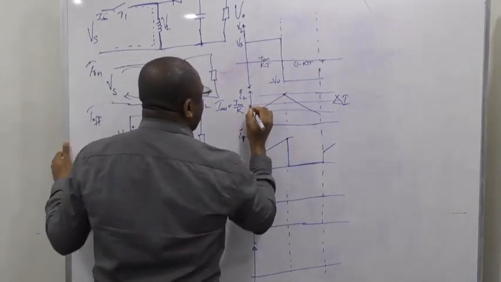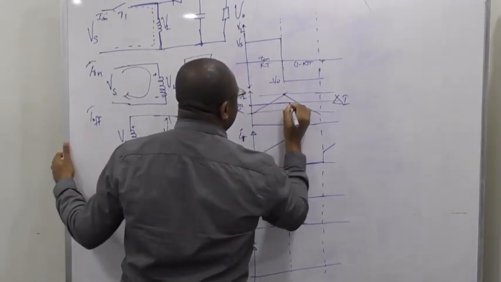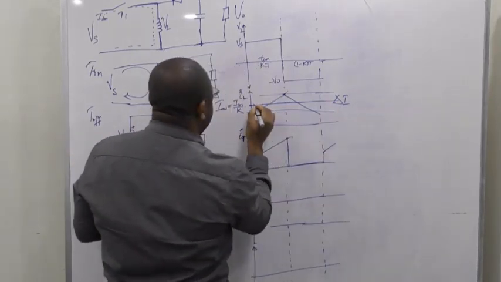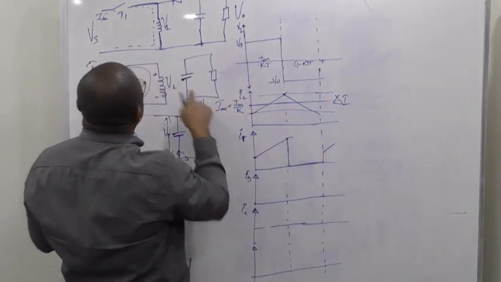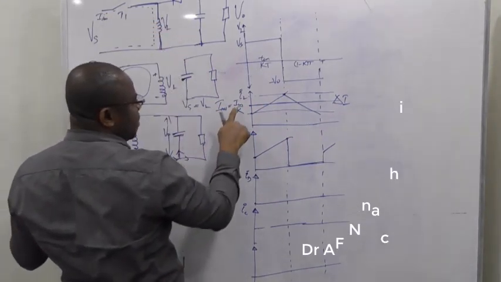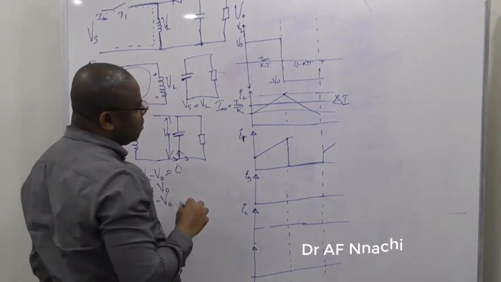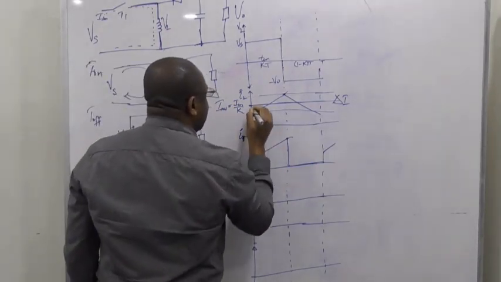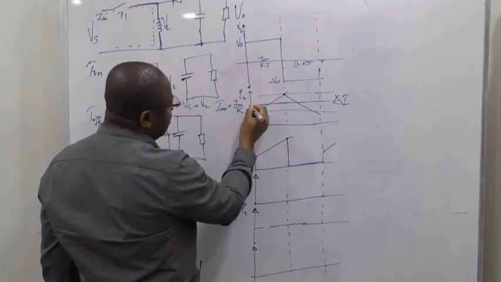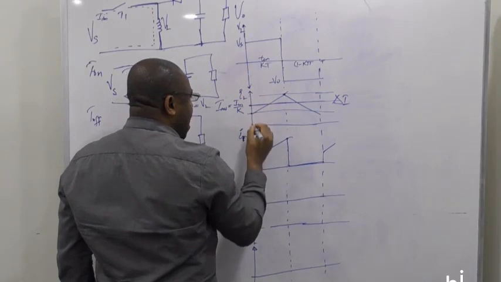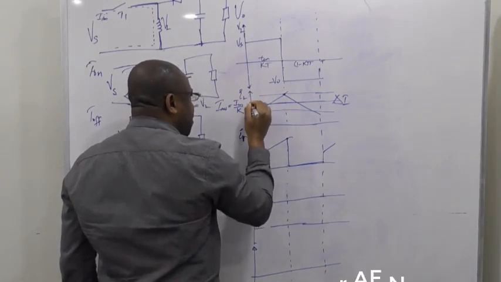So what is this? In other words, what is that? If you know, first of all, this value, I in, the I average through here, what is flowing through here is I in divided by the duty cycle. So if you know that, now that means from here to here is I in over K. So if I want to get from here to there, I need to add from here to here plus from here to here.